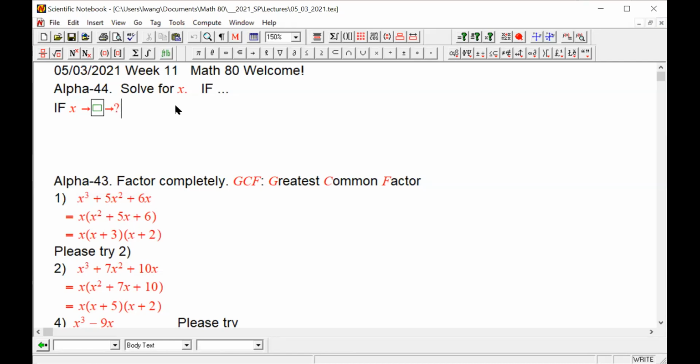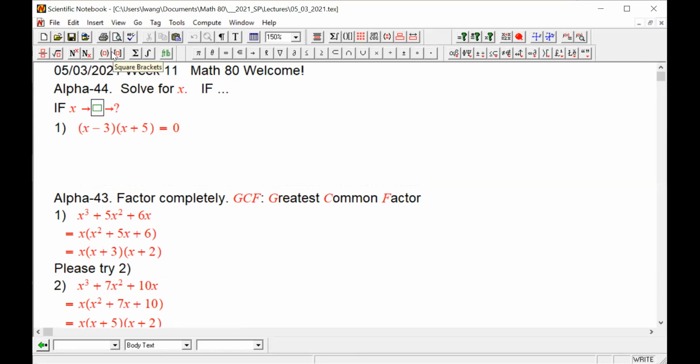The output is given, okay? For example, number 1. I still want to remind you of the different perspective, even though finding the solutions is pretty straightforward. For example, the first one, x minus 3 times x plus 5 is equal to 0. So what is the full meaning of it?